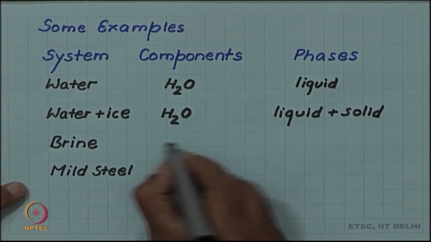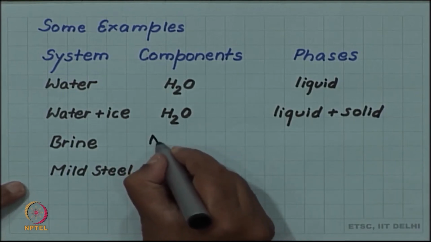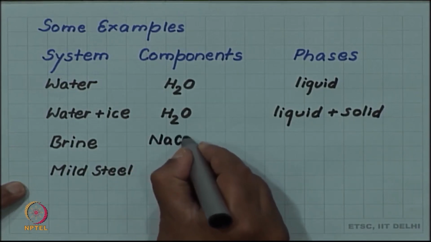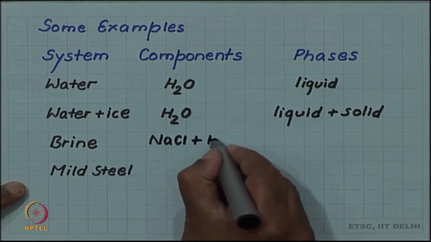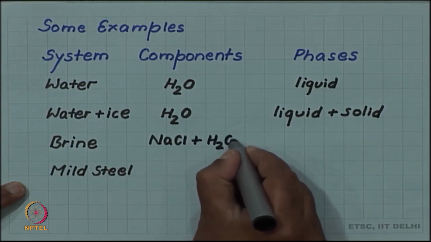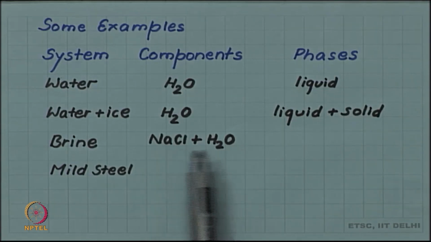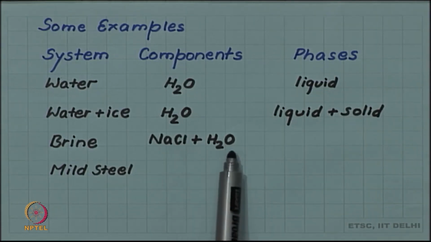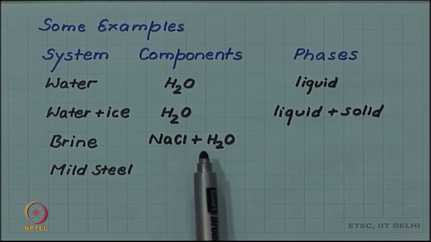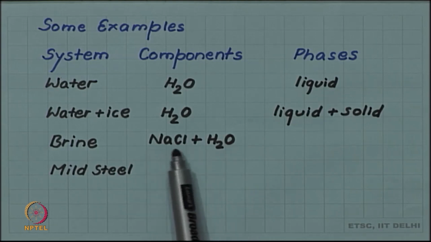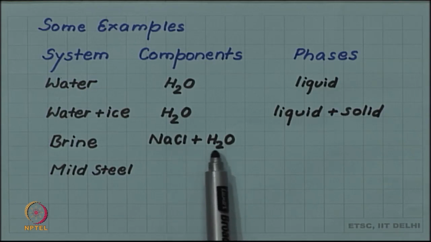Let us consider brine, which you know is solution of sodium chloride in water, but you can change the ratio of sodium chloride to water. So, the composition can be varied with respect to sodium chloride and water. So, that is why you have 2 components, but you can't vary the ratio of sodium to chlorine or hydrogen to oxygen.